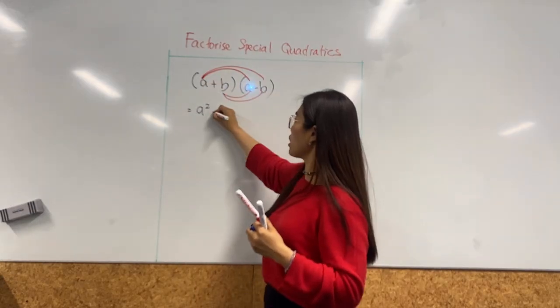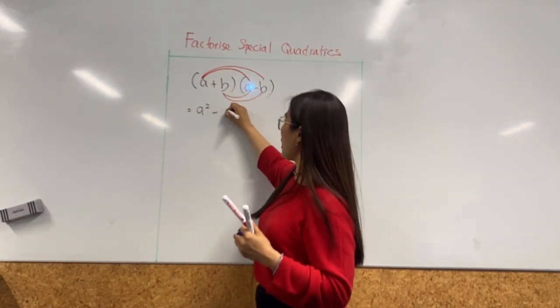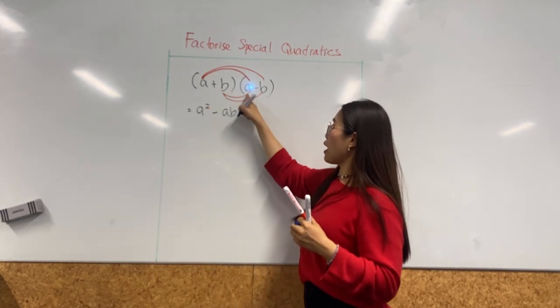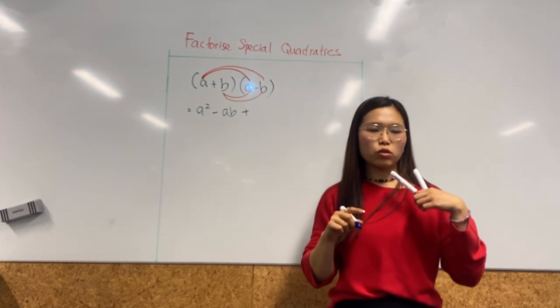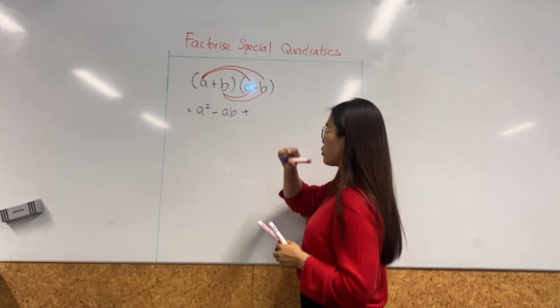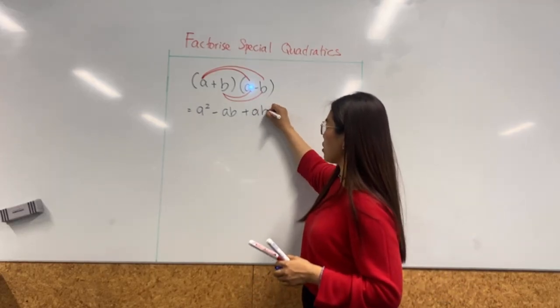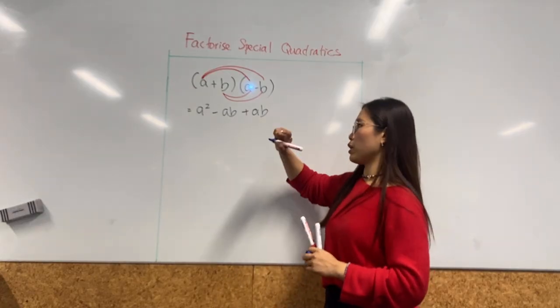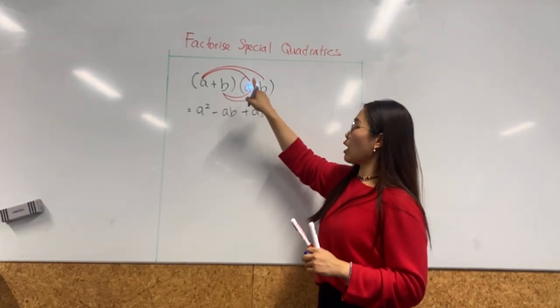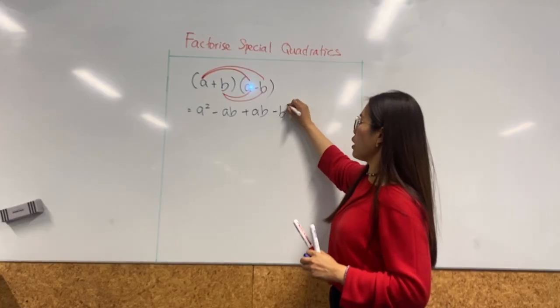A times negative b gives you negative ab. B times a gives you positive ba, but we would like it to follow alphabetical order, so we put a at the front, so plus ab. Positive b times negative b gives you a negative b squared.